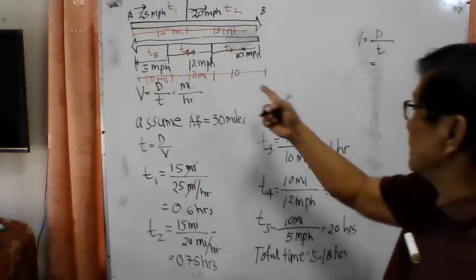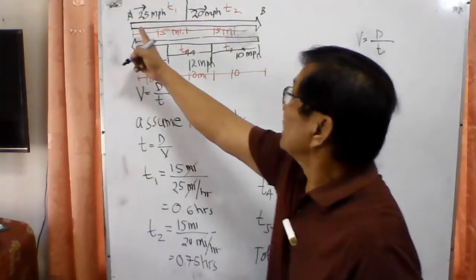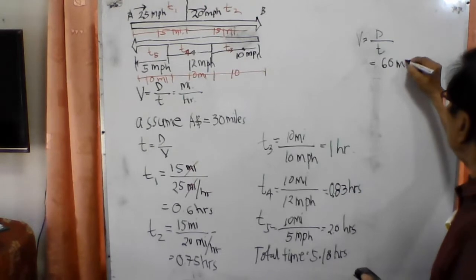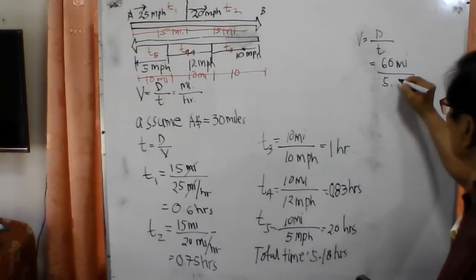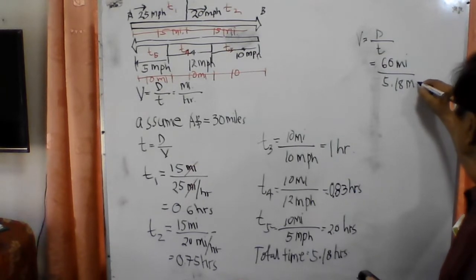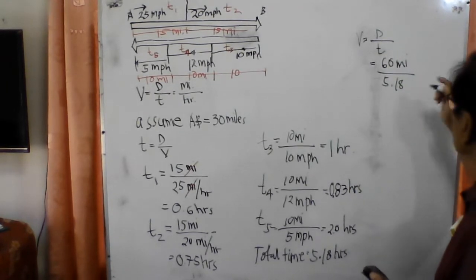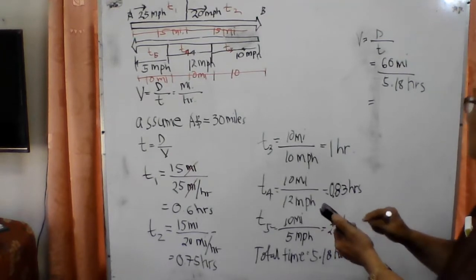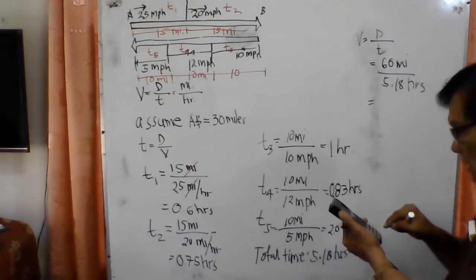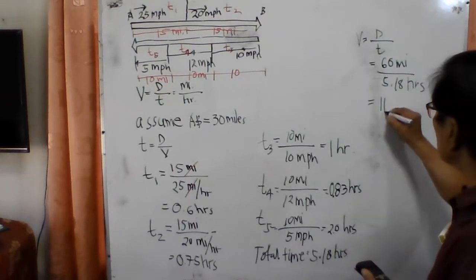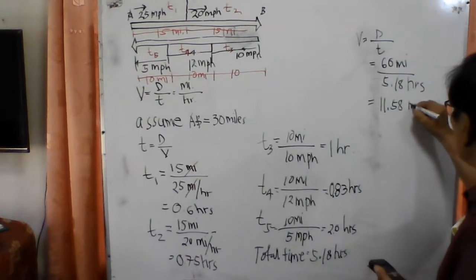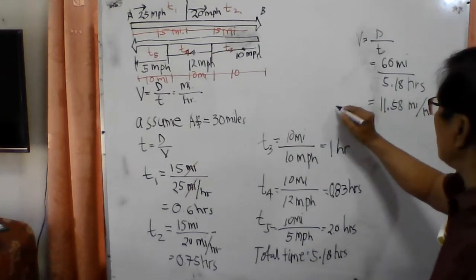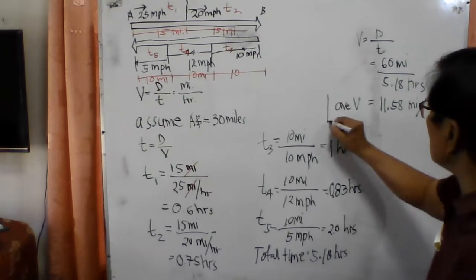Take note now that the total distance traveled is actually 30 plus 30, so this is 60 miles over 5.18 hours. 60 divided by 5.18 equals 11.58 miles per hour. This is the average velocity.